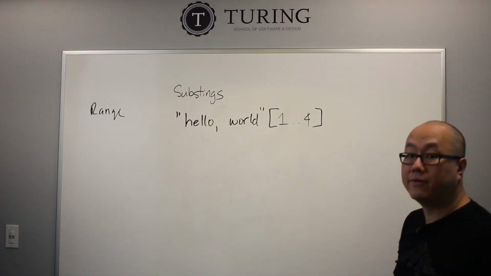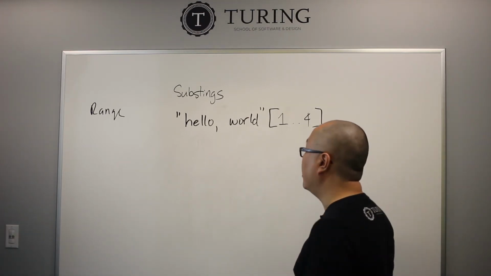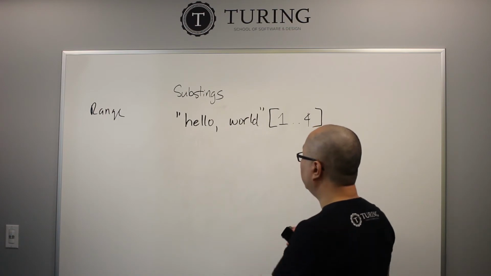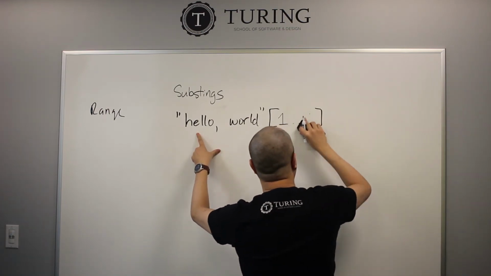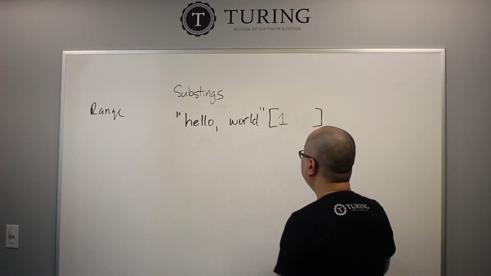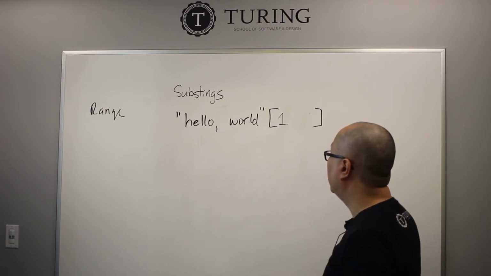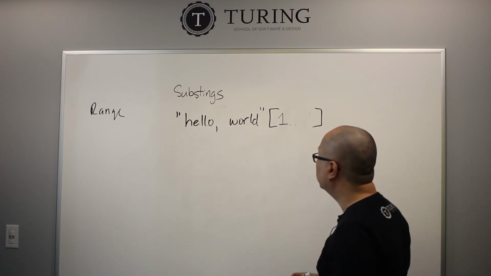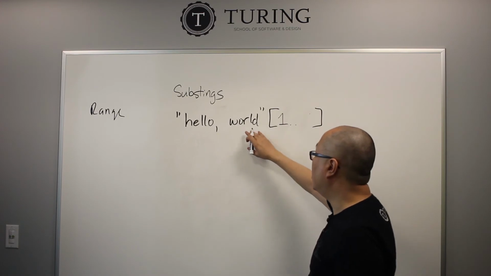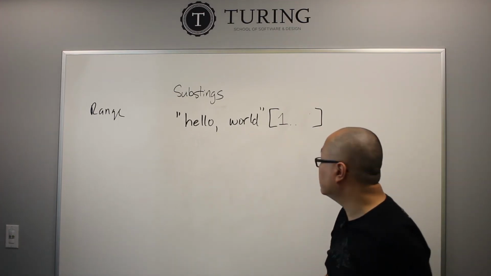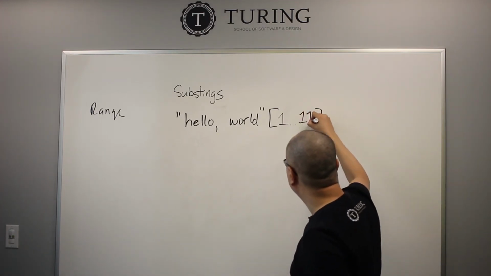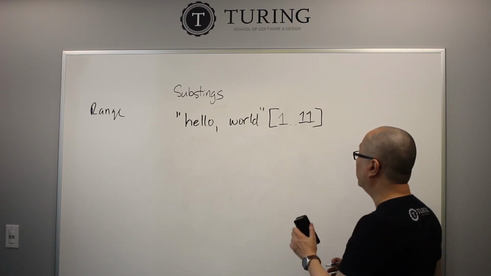We can use the negative numbers that we've just learned about. What if I wanted to have LO world? Well, we still want to start at 1, but we want to stop at the last one. We can do this a couple ways. D is index 11, so we can do 1..11. That would get us LO world.